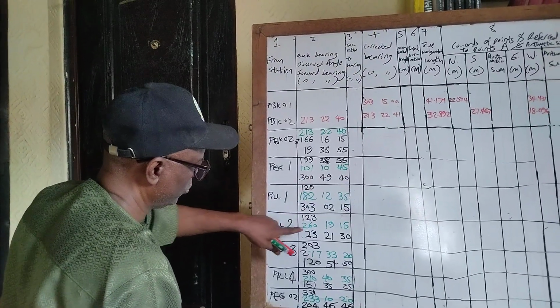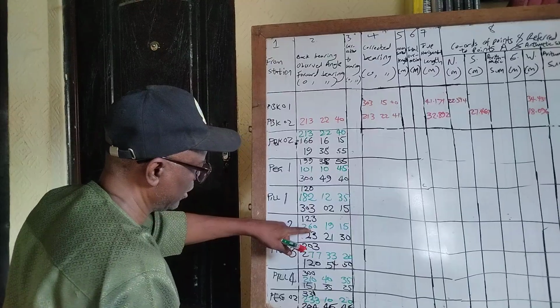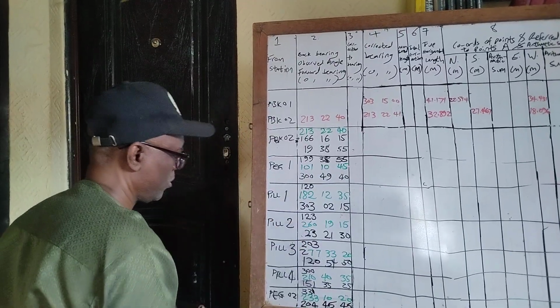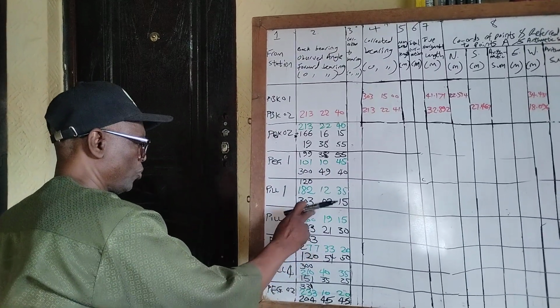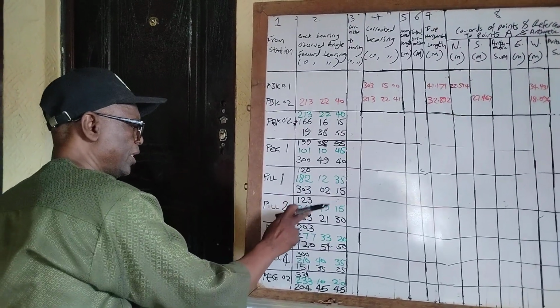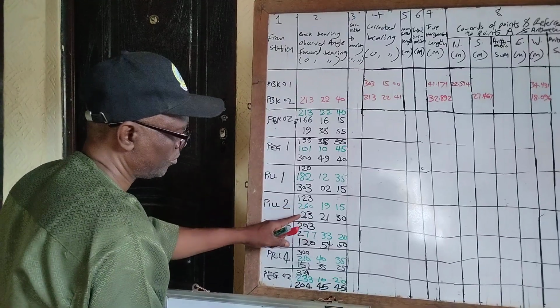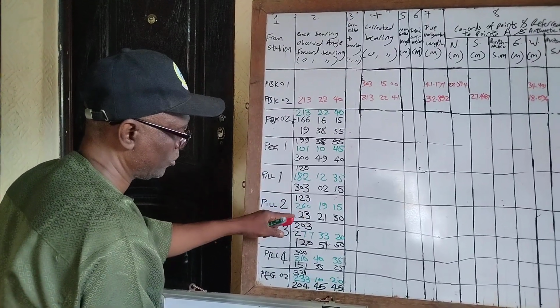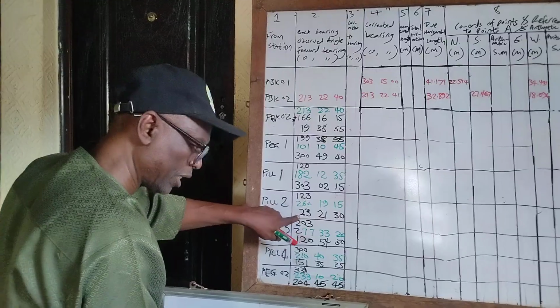Pillar 2, you have this as the included angle 260 1915. You add it to 123, it gives you 383 degrees, which is bigger than 360. You subtract 360 from it to give you 23.